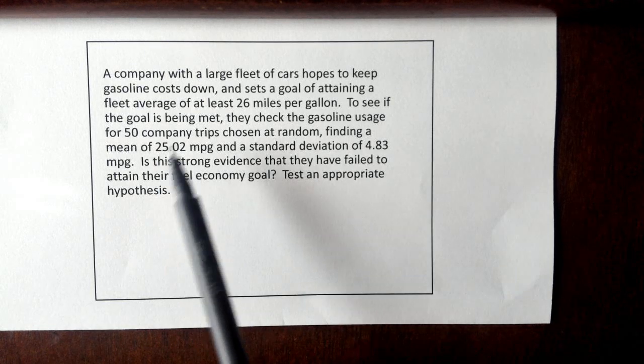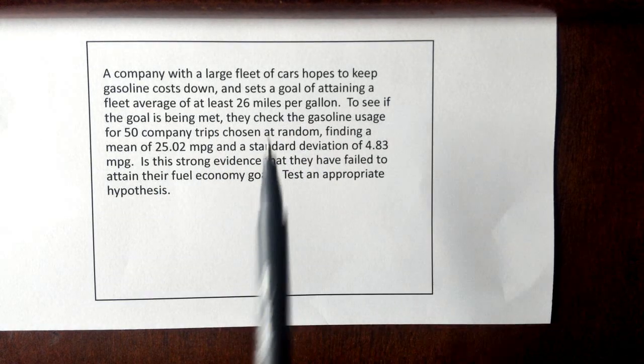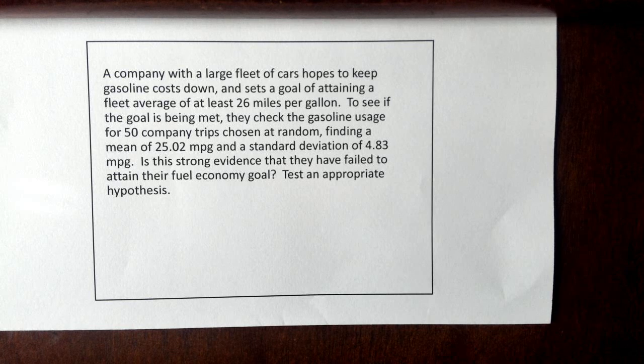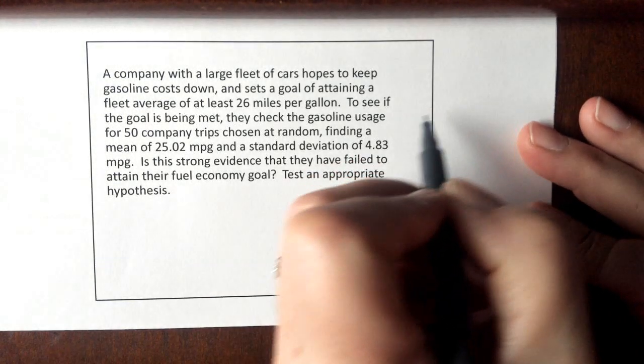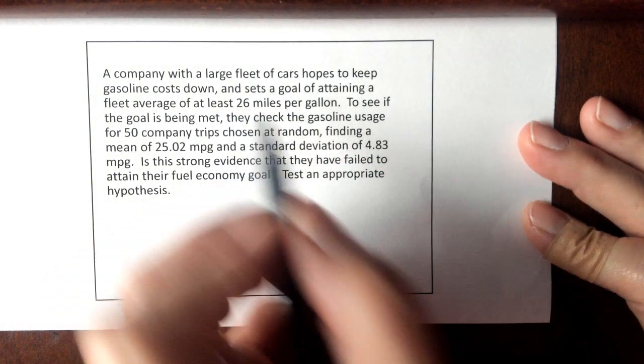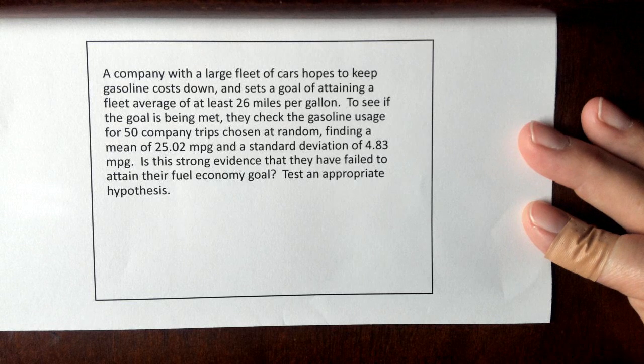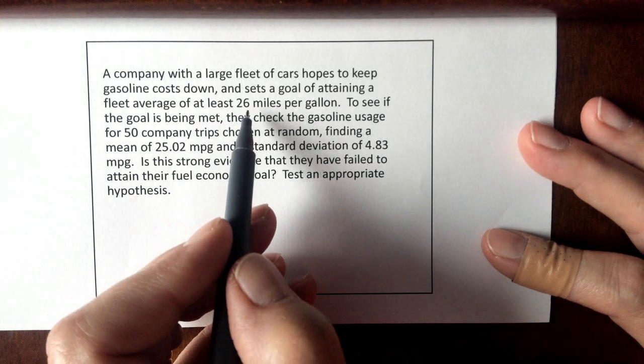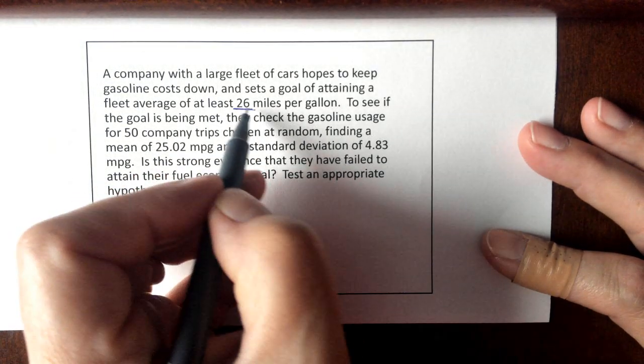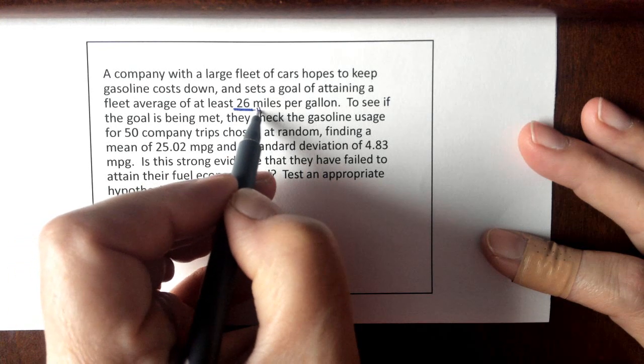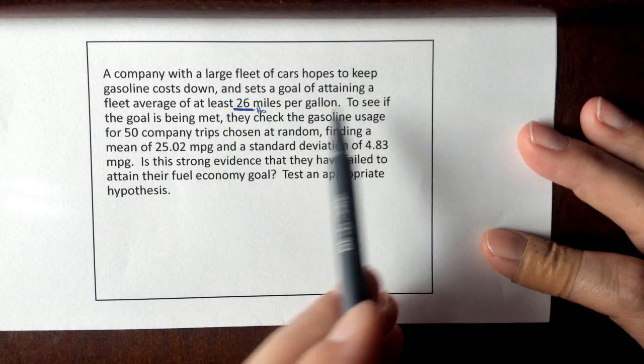Okay, so that means 26 is sort of their cutoff, their limit. So that's probably going to give me a null starting point, a null average. So this is going to be my null hypothesis mean.